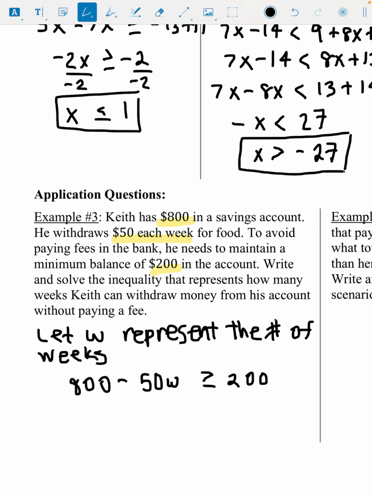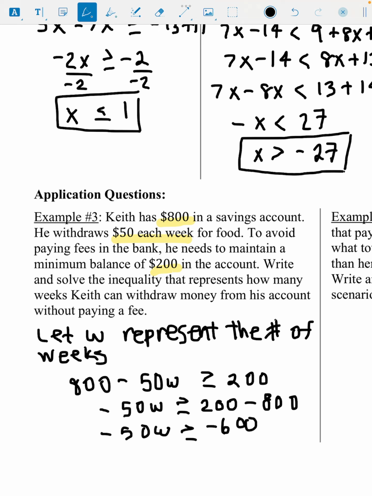So we have that negative 50W is greater or equal to 200 minus 800, which means that negative 50W is greater than or equal to negative 600.